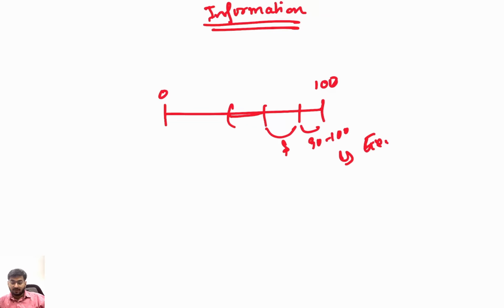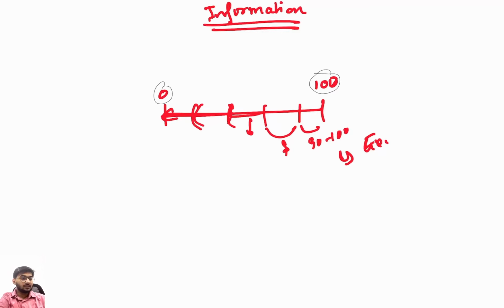If you are 60 to 80, you are average. 40 to 60, below average, and below 40 you fail. So we need to ensure what my lower level and higher level are, so that I can see which company is performing well and which is not in the environmental, social and governance concern.